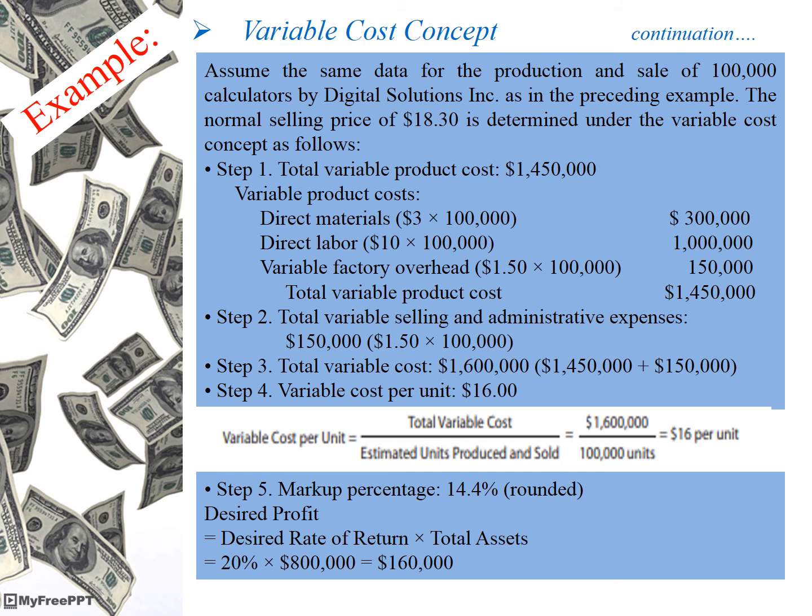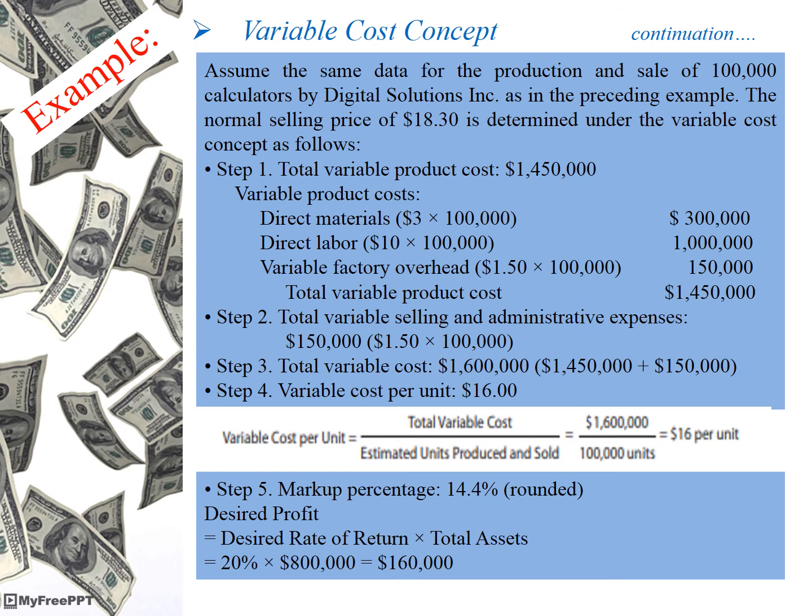The total variable product cost is equal to $1,450,000, which is composed of direct materials, $300,000, direct labor, $1 million, plus variable factory overhead, $150,000, and total of $1,450,000.